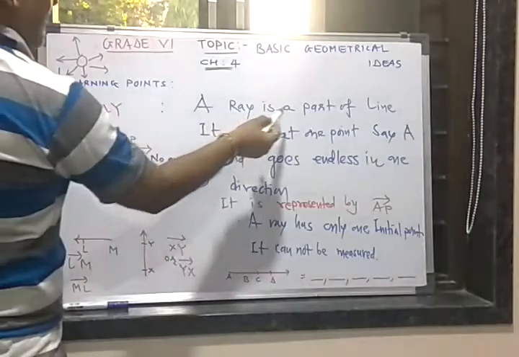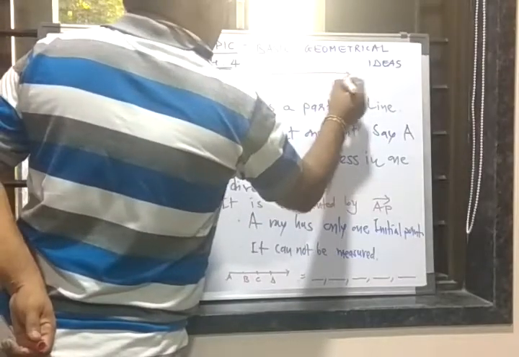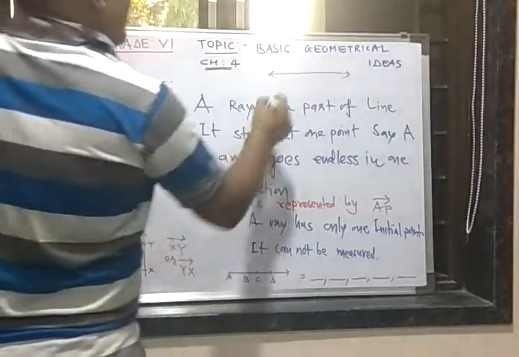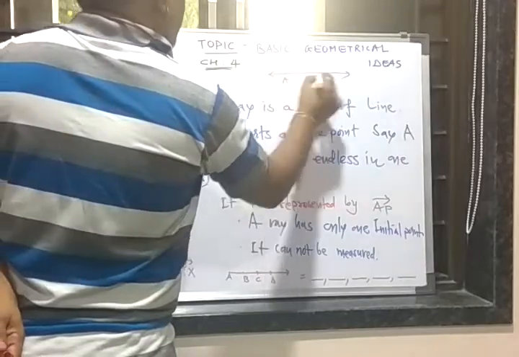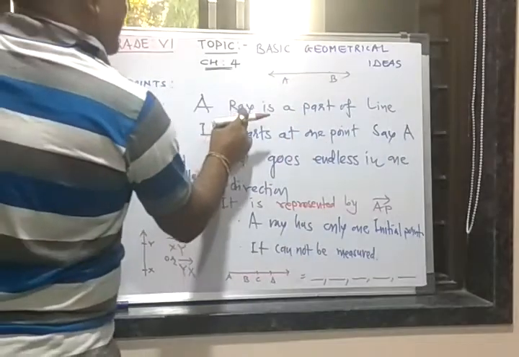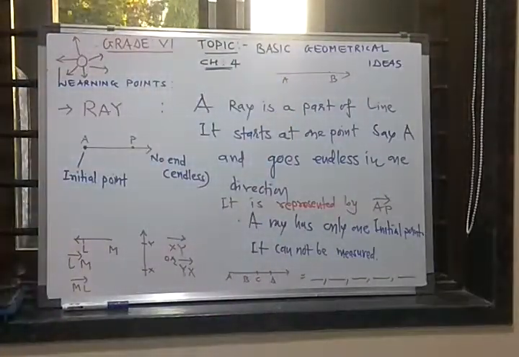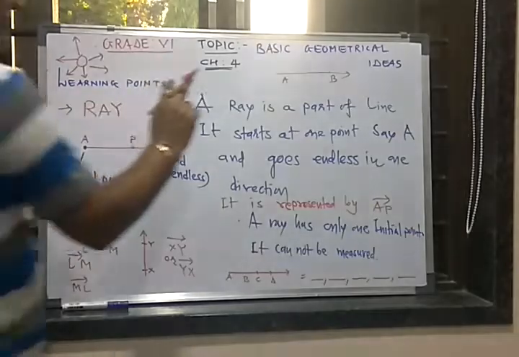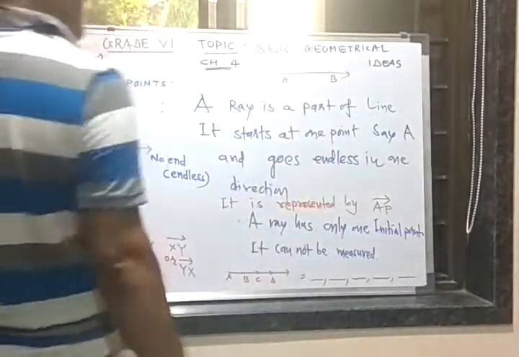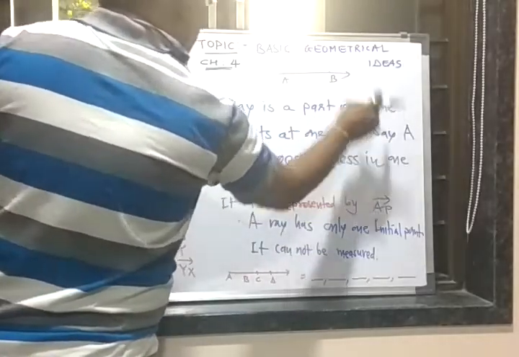A ray is a part of a line. You see, this is a line, say line AB. A ray is a part of a line. So from a line you can make a ray.